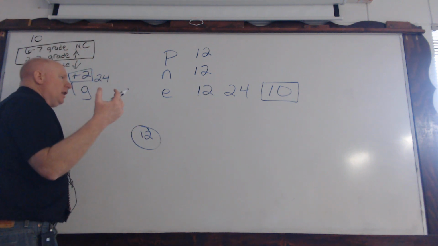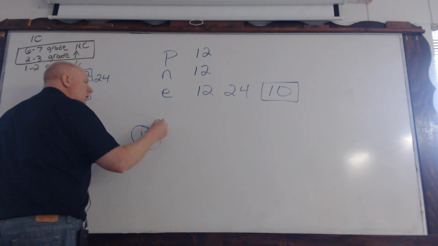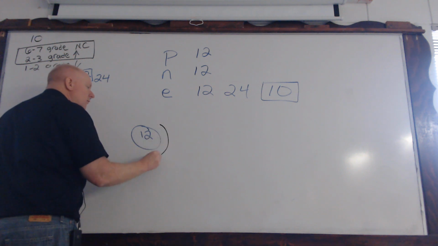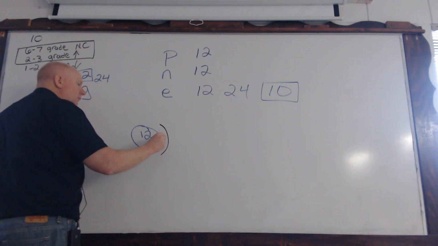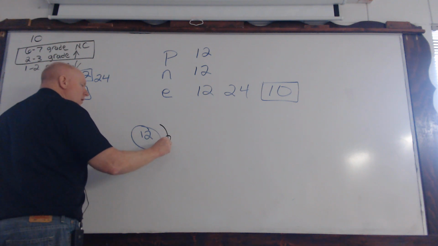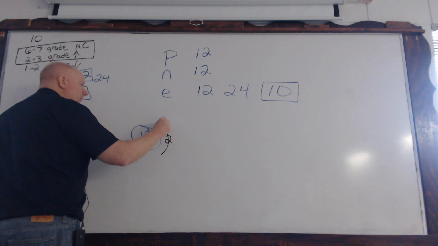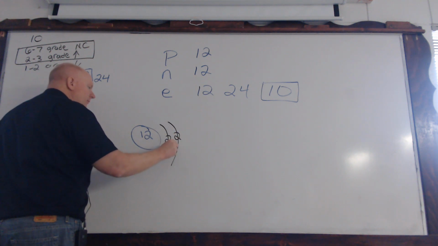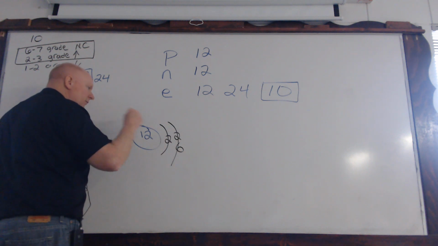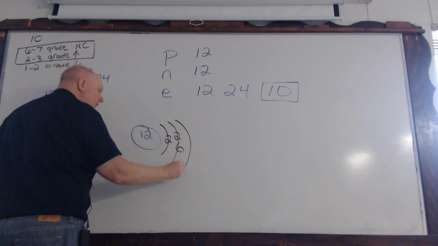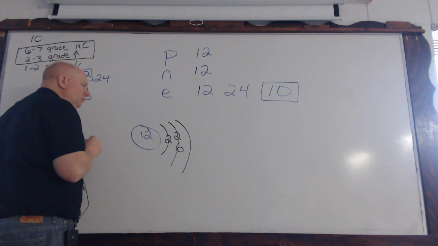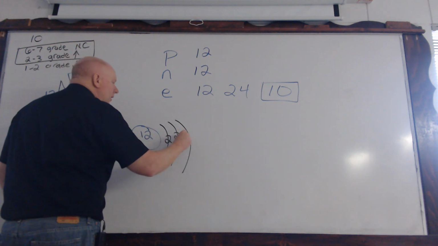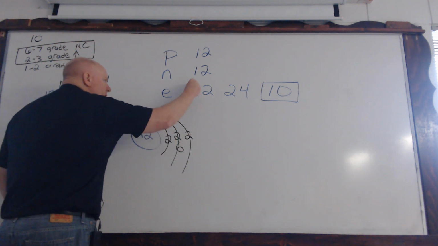So then, utilizing your slide rule, first energy level, 2. Then 8, a new energy level. 2. Now, if we put this 2 here, it would be 12.